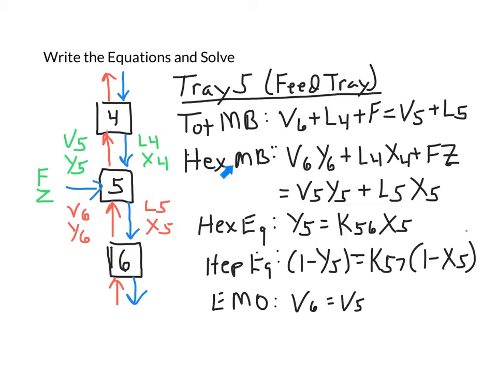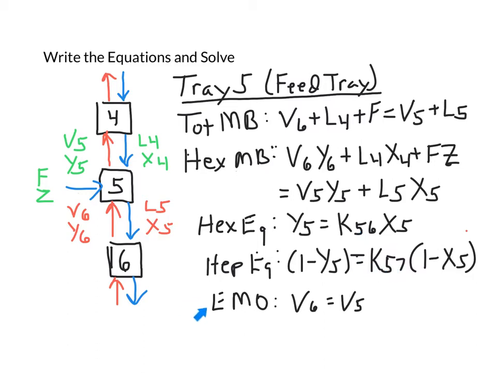The hexane mole balance will be similar. Now we just take the flow rates and multiply by the mole fraction. And the equilibrium relations for hexane and heptane are the same type of thing. Again, the K value is specific for that fifth tray and for the component, hexane or heptane.